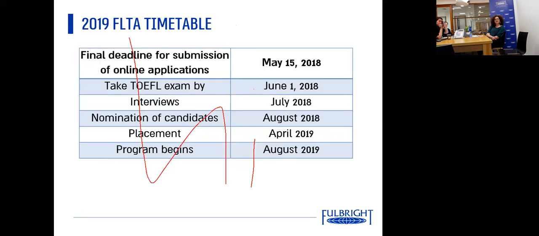What's the timetable? You have until May 15th to finish your amazing, excellent, great application that we've started talking about. The only extension is that you could take the TOEFL exam until June 1st, but not after. All the rest of the things need to be applied into the system by May 15th.